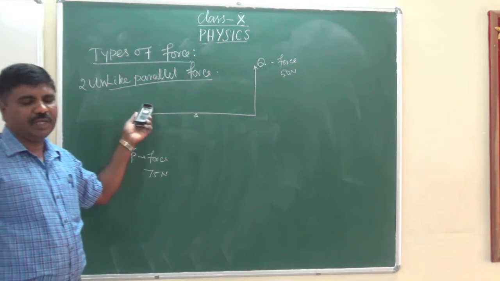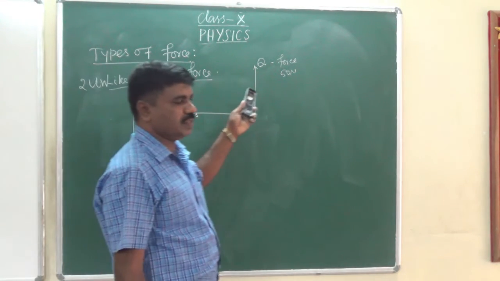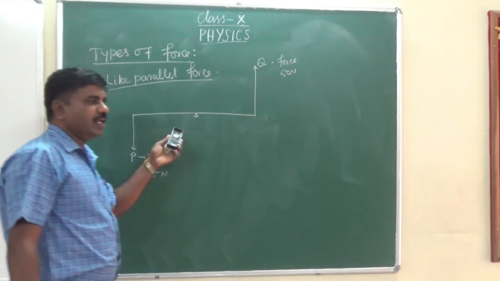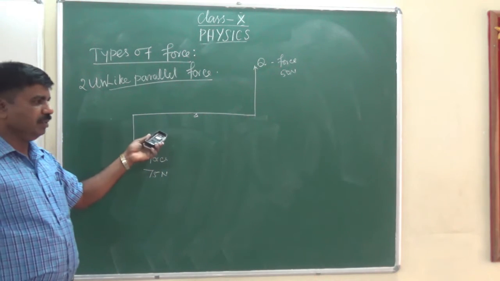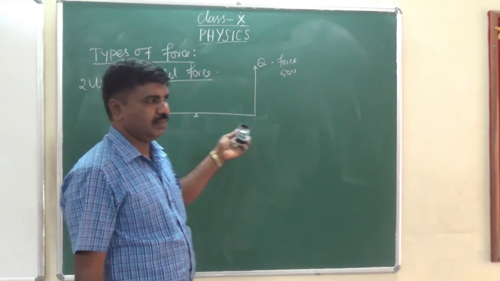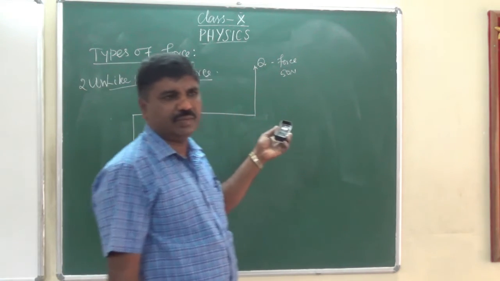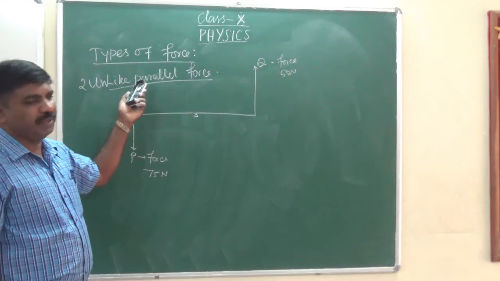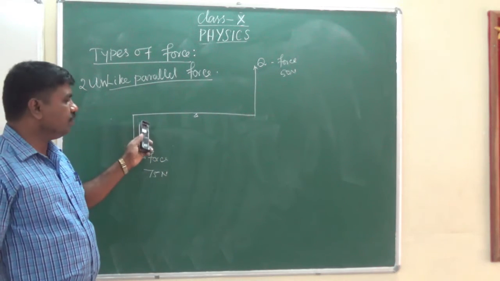Okay, like parallel force and unlike parallel force. When two or more forces are equal or unequal in magnitude, but both the forces are acting in the same direction, that is parallel to each other, that is called like parallel force. Unlike parallel force, what is that?